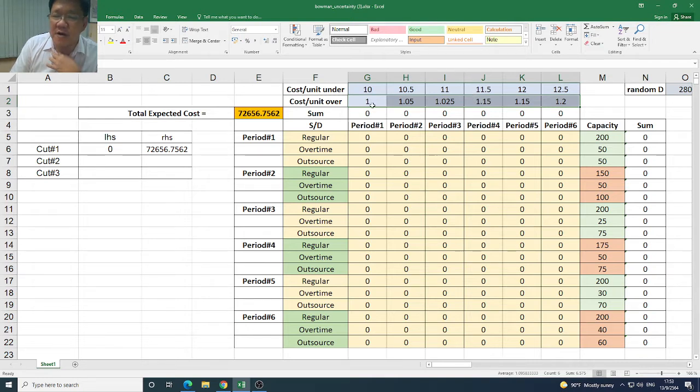And cost of over means that you already over-allocated, so you have to wait until the next period to fulfill additional, future coming demand.